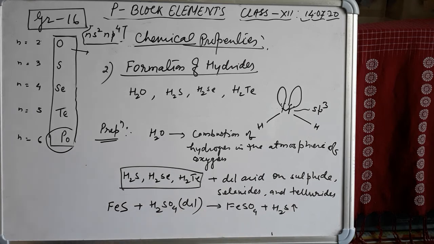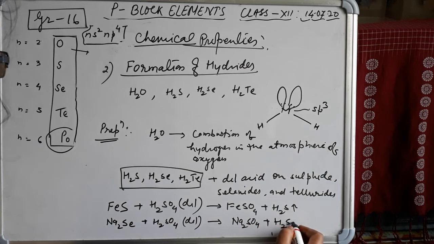Similarly, if we take sodium selenide and treat it with dilute H2SO4, students, we get sodium sulfate and hydride of selenium.